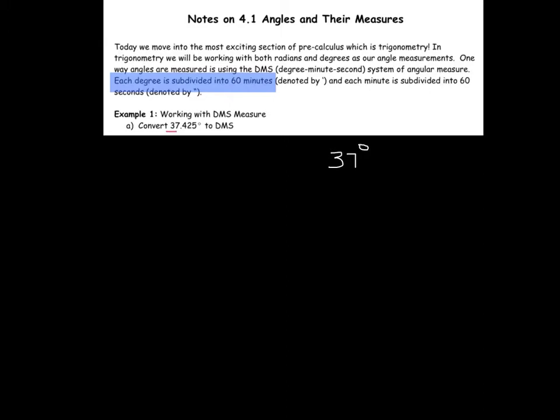What you do is you take the rest of this, which is 0.425 degrees, and you convert that into minutes and then seconds. So let's say we take 0.425 degrees, and we want to convert that, so we need to multiply by a conversion factor.